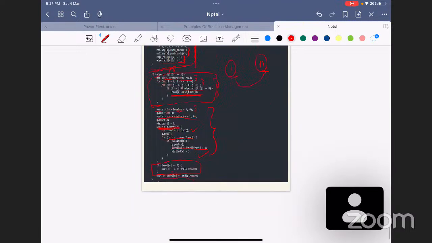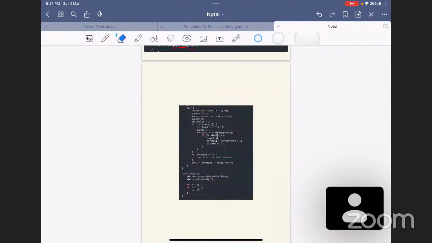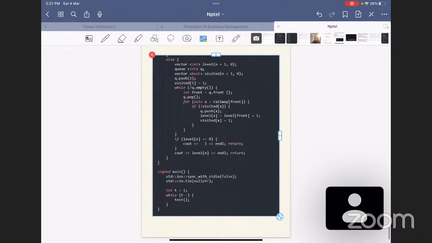But let's say from 1 to n, we don't have a railway network. That means we have a road network.